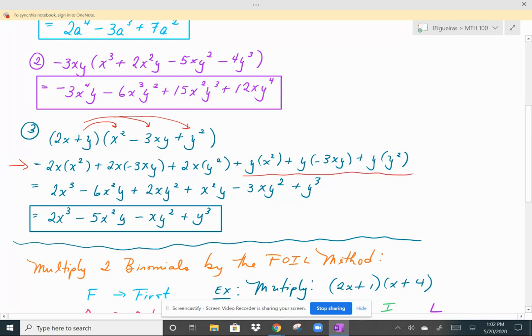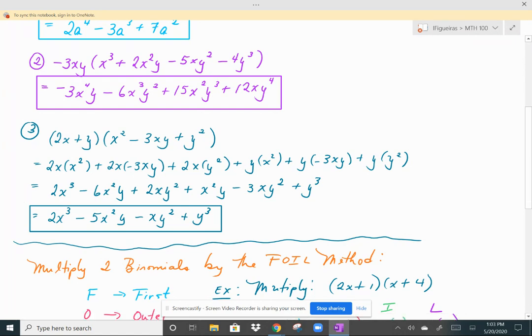Okay, so in the next line, I'm actually going to do all of those multiplications. So I get 2x cubed minus 6x squared y plus 2xy squared plus x squared y minus 3xy squared plus y cubed. So you're not quite done because I do have some like terms.